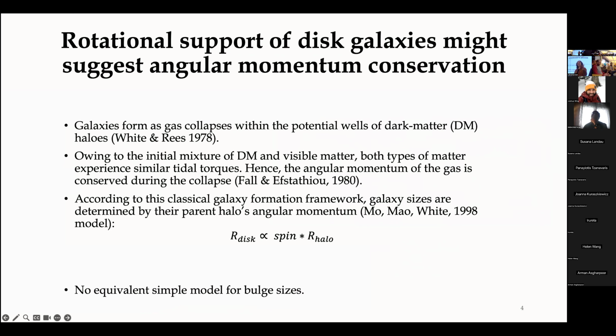Galaxies form as gas collapses in the dark matter wells of the halos, and then because of this, the gas and also the dark matter halos, dark matter particles, experience the same tidal torques, and so angular momentum conservation leads to a simple picture of galaxy sizes, which was proposed by Mo, Mao and White in 1998, where the size of a disk galaxy is proportional to the spin and the size of the halo. Unfortunately, we don't have a simple model like this for bulges.